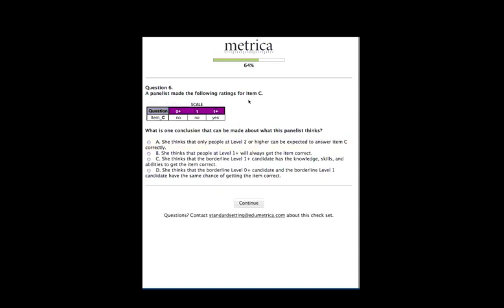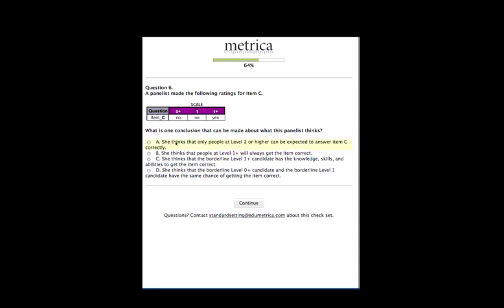Look at this set of ratings for item C. What can you conclude about what the panelist thinks? The panelist thinks that a borderline level 0+ person cannot answer this item C correctly. A borderline level 1 person would not get this item correct, but a borderline level 1+ would.